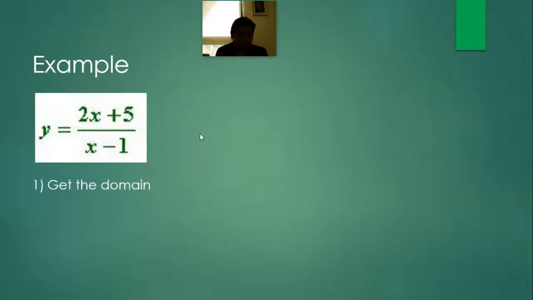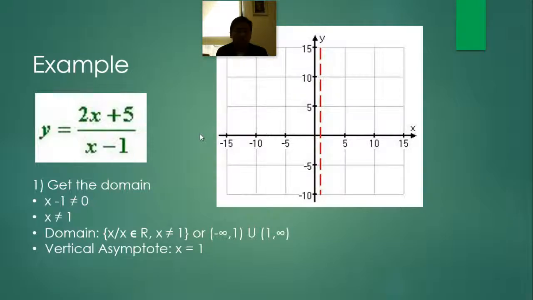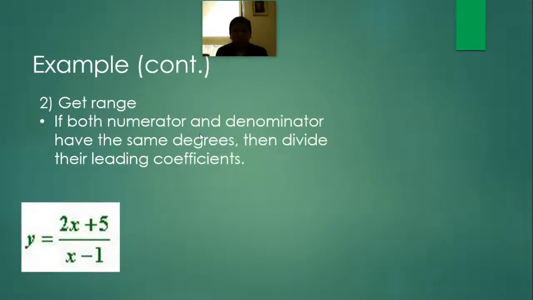2x plus 5 over x minus 1 is the function. Of course, the domain tells us that we cannot have 1. So that means we have a vertical asymptote when x equals 1. Now, for the same function, our range is determined first by the comparison of the degrees. We have 2x plus 5 over x minus 1.